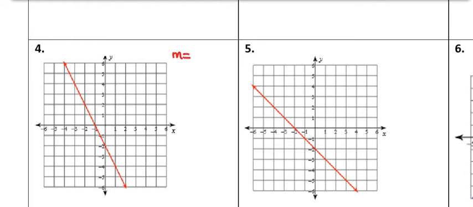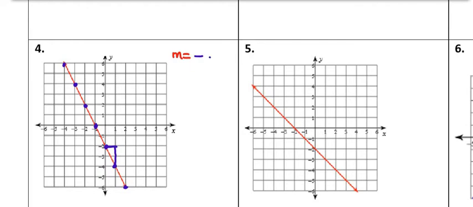Now the first thing I'm going to do is find the slope. So when I look at this right here, the first thing I'm going to do is look for a corner. And I see that I can make my triangle, rise over run. It doesn't matter the size, but I am going to pick 2 corners right here. And since it's going downhill, left to right, it is a negative slope.